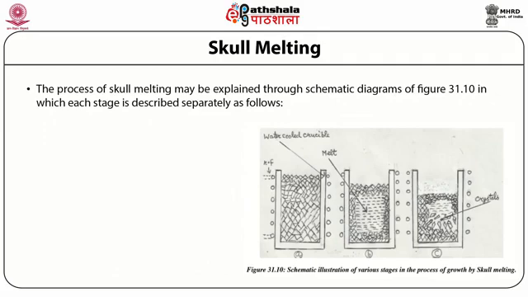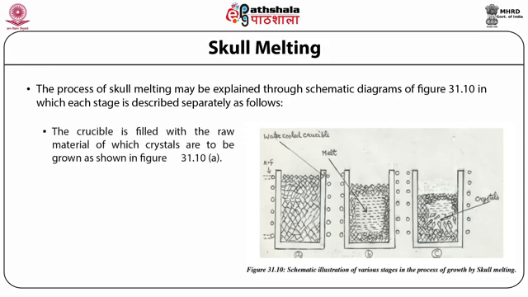The process of skull melting may be explained through schematic diagrams of figure 31.10, in which each stage is described separately as follows. In the first stage, the crucible is filled with the raw material of which crystals are to be grown, as shown in figure 31.10a.